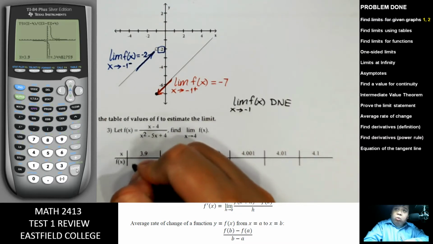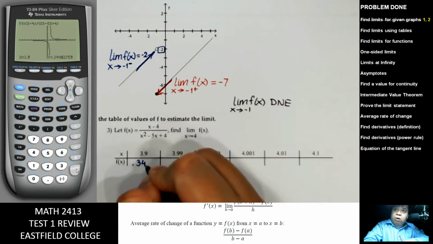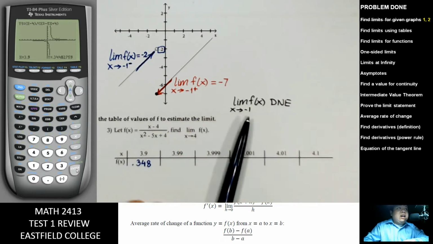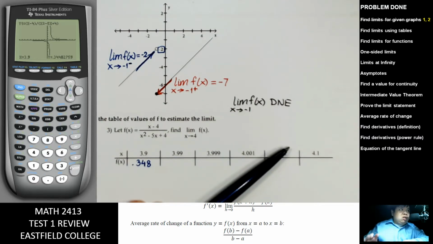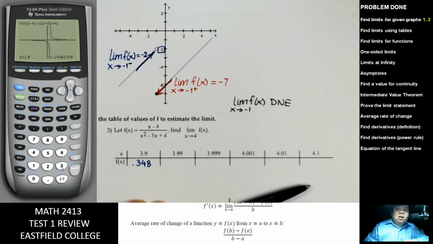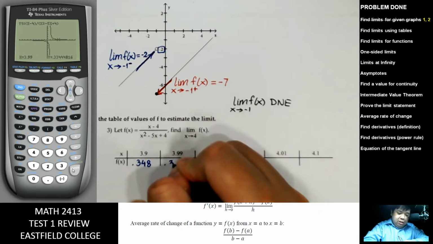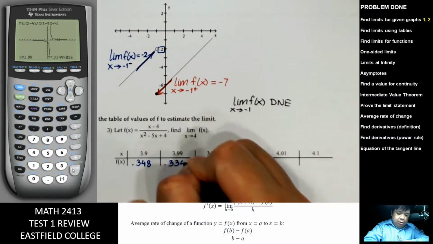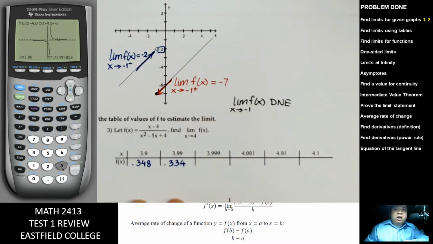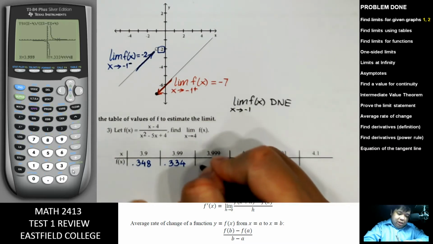So let's take 3 decimal places, 0.345, and then next 3.99, we just keep this screen, do not do anything, we just hit the new number 3.99, 0.334, and then 3.999, 0.333.